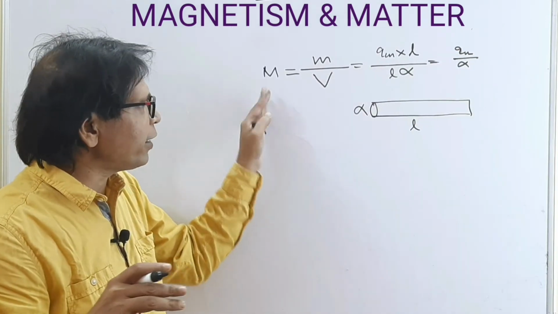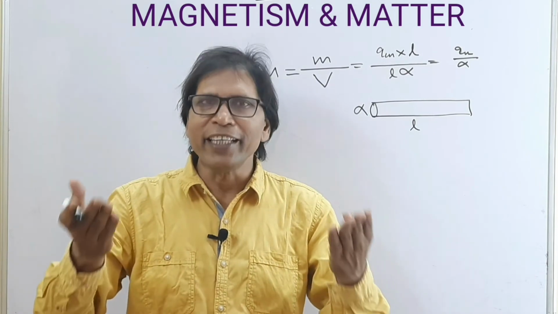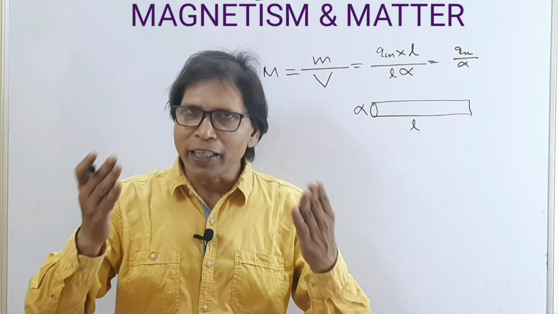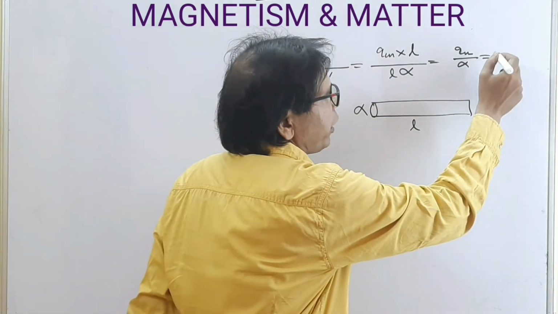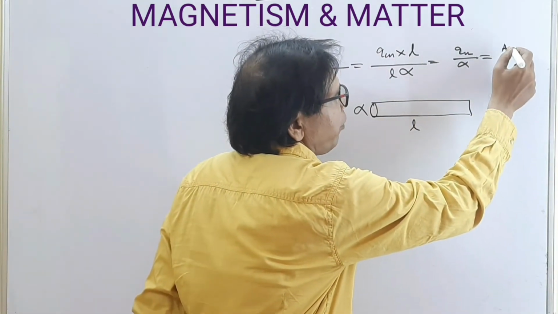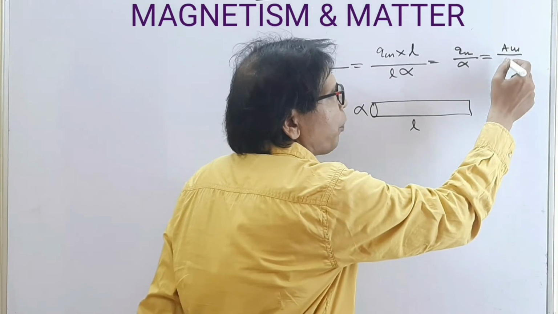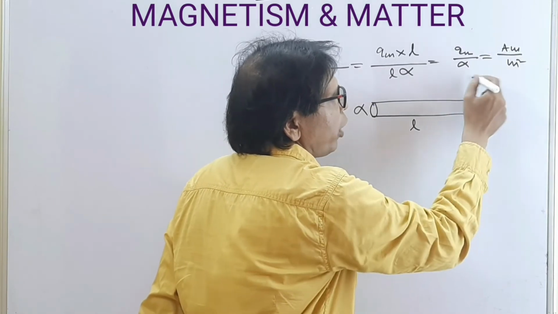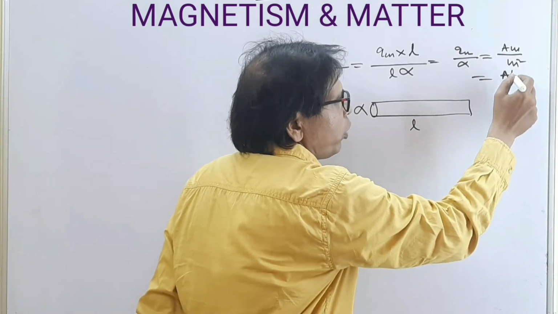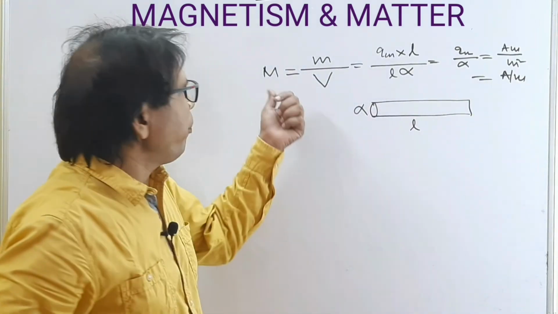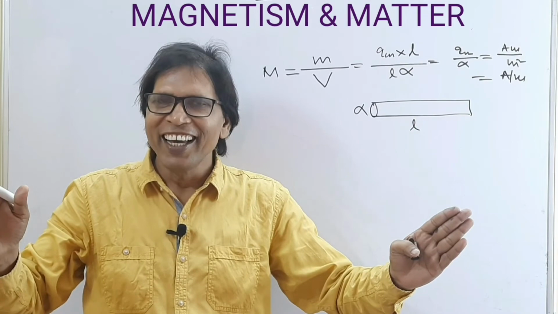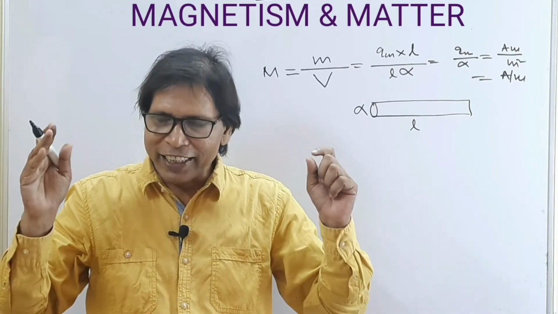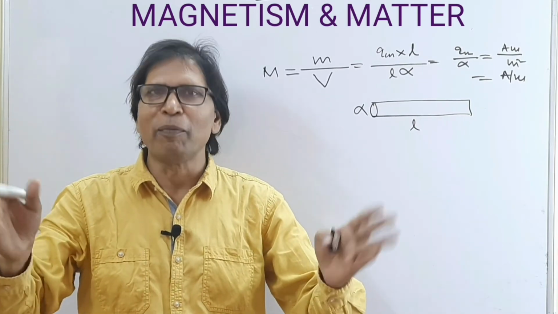So magnetization is the pole strength induced per unit area of cross section. Now the unit of pole strength is ampere meter, the unit of area of cross section is m square, so the unit of magnetization is ampere per meter. Okay, and its dimension is A L to the power minus 1.